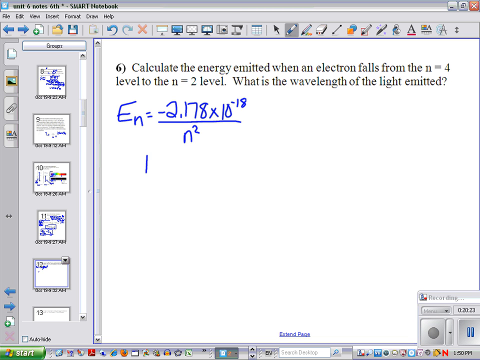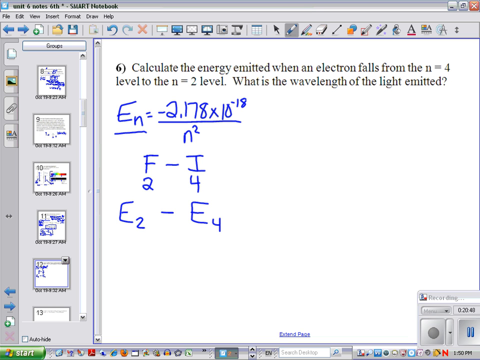And I told you it's always final minus initial. What is the final energy level that I'm at? 2. So my final energy level in this case is 2. My initial energy level is 4. So what I'm going to do is calculate the energy at energy level 2, and then subtract it from the energy at energy level 4.